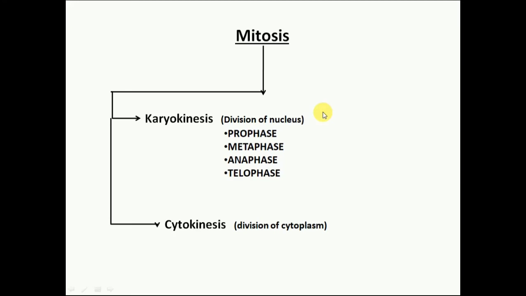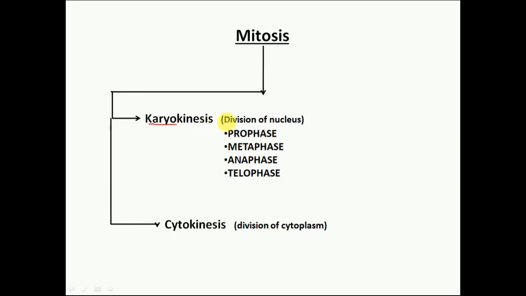Now, mitosis. So first we will read about mitosis. The first process is karyokinesis. Karyokinesis means division of nucleus. Karyo means nucleus and kinesis means division. That's why it is known as karyokinesis. So the first process that takes place during mitosis is karyokinesis.